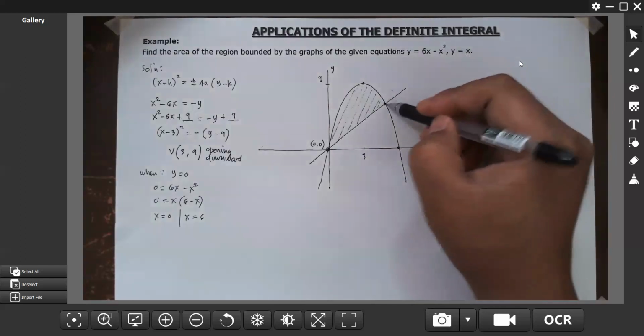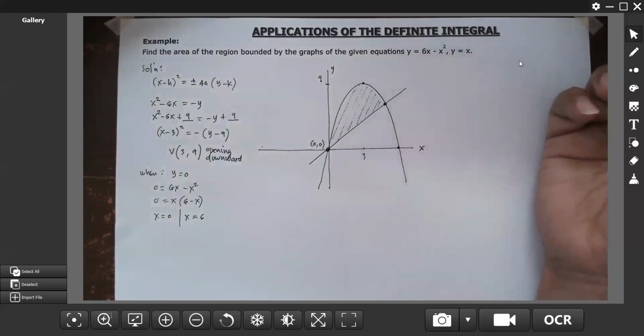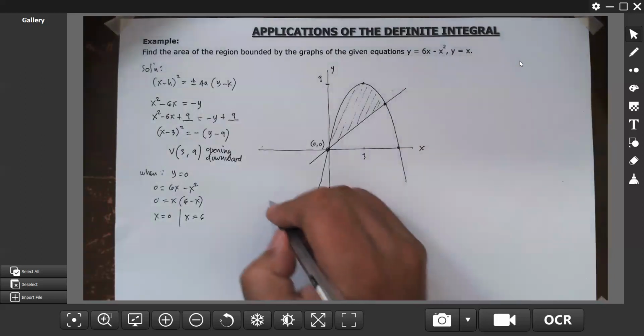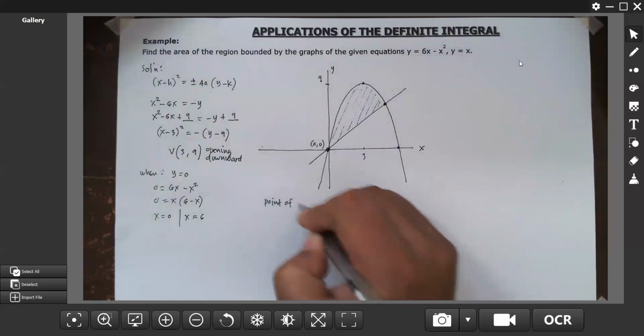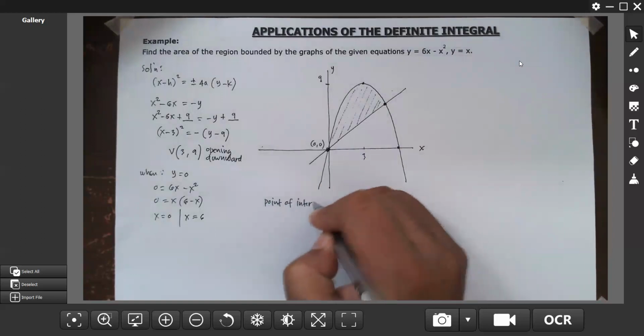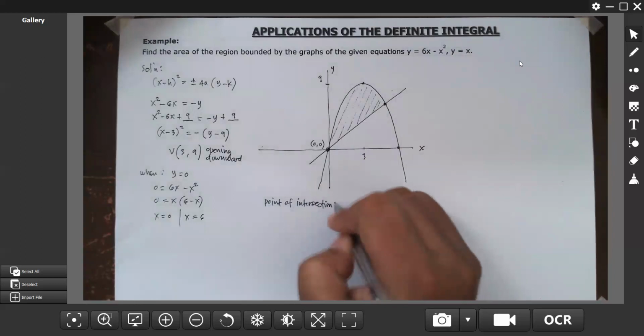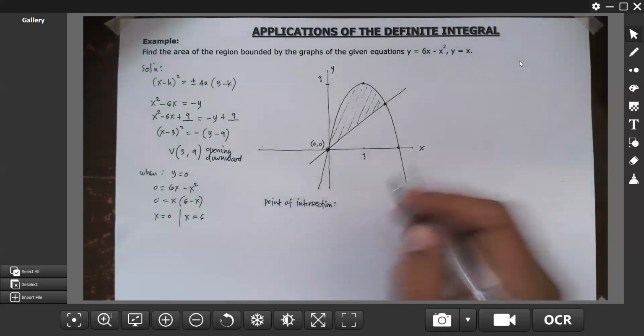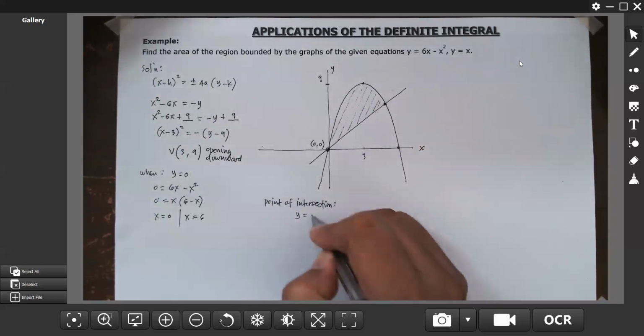So, how did I get this point? Let's equate the two functions for y. Point of intersection, y equals y.